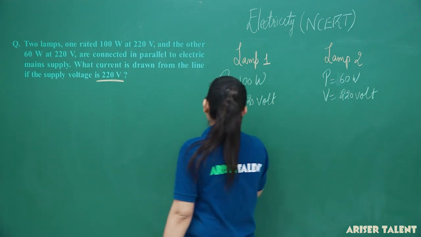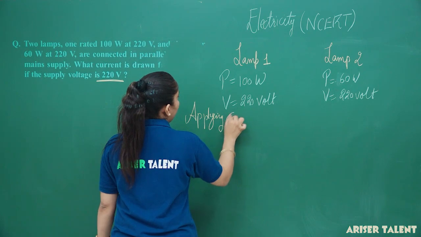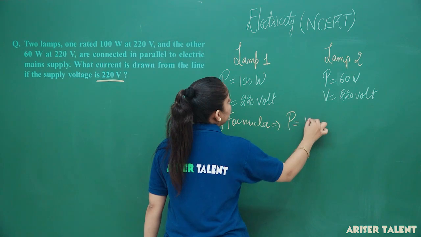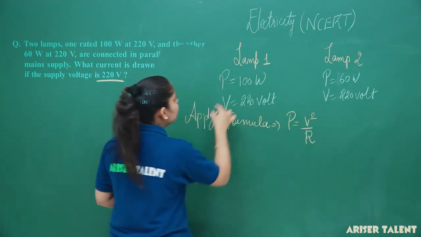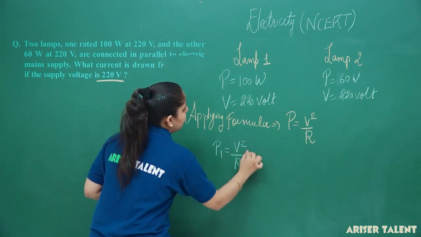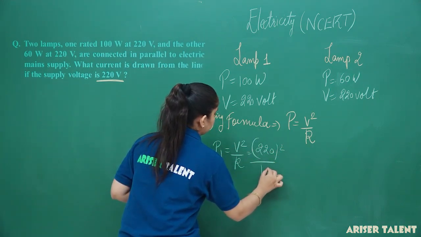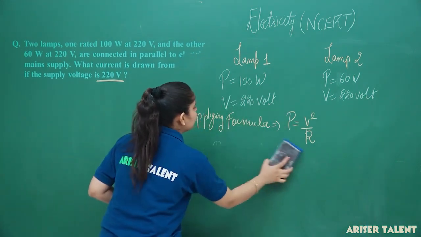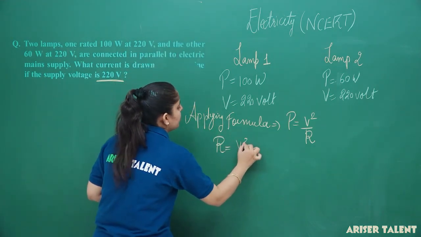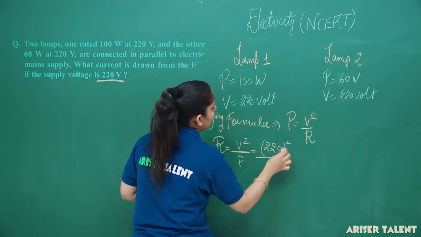So again applying the formula of power, power is equal to V square upon R. So this power can be calculated as P1 equal to V square by R, and it came out to be 220 square upon 100. You have to determine the resistance in this case. So the resistance came out to be V square upon P, that is equal to 220 square upon 100.